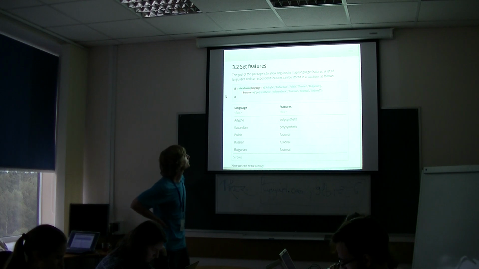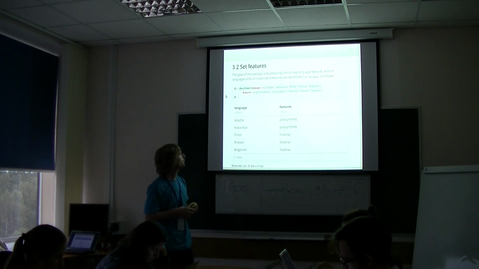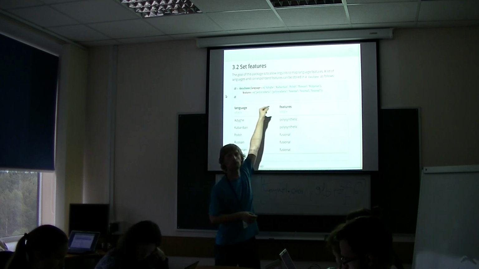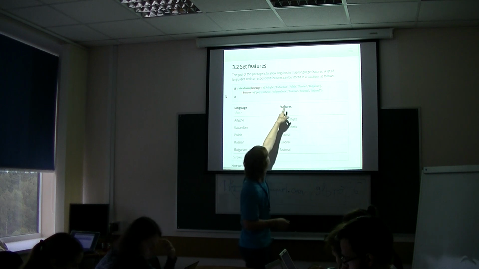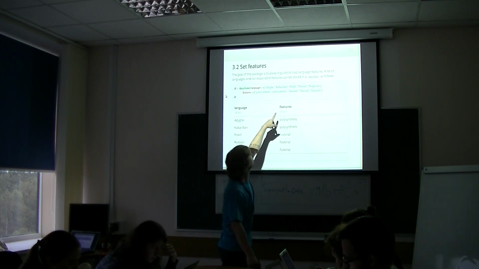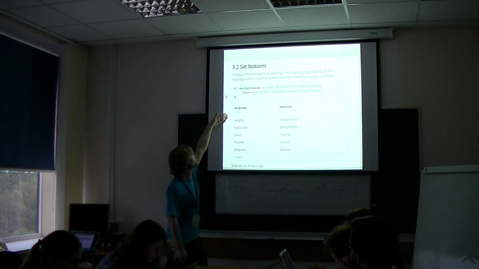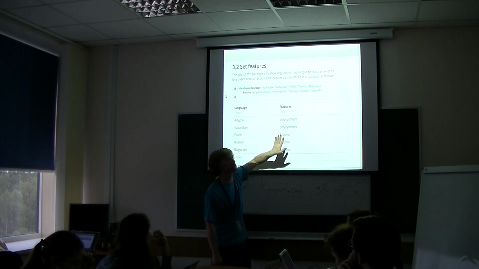So here I create something that is called a data frame in R. A data frame is a simple table, with names and then a vector of equal length. For instance here we have Adyghe, Kabardian, Polish, Russian, Bulgarian, and features polycentric, polycentric, fusional, fusional, fusional. And this looks like this. It's just a simple table, but I want these languages colored by this feature.